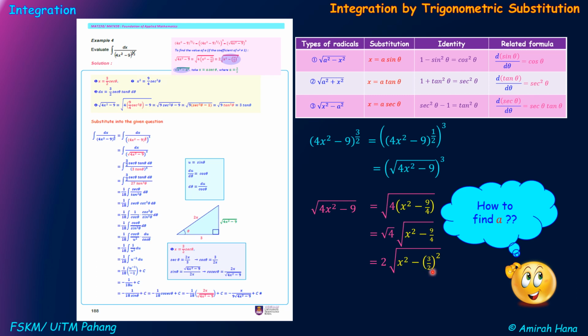And then we compare with the radical, because in front is x². So we compare with the radical of x², then minus in between, then a². When we compare, what is our a? Our a equals 3 over 2.